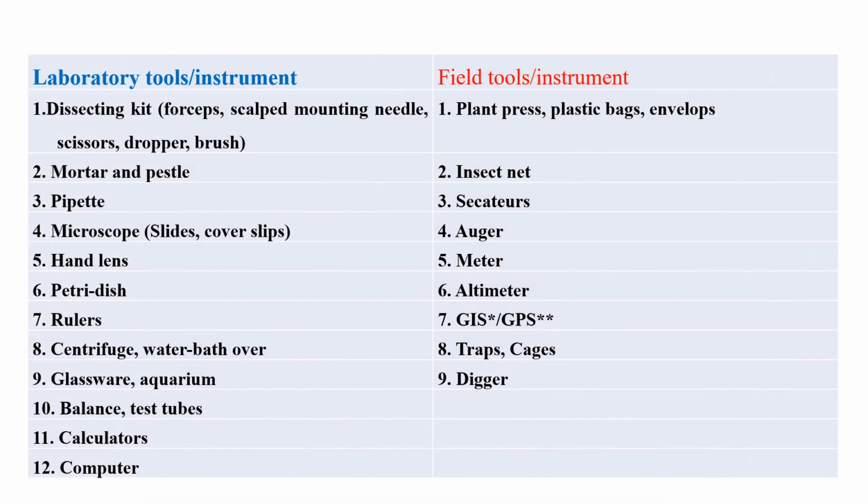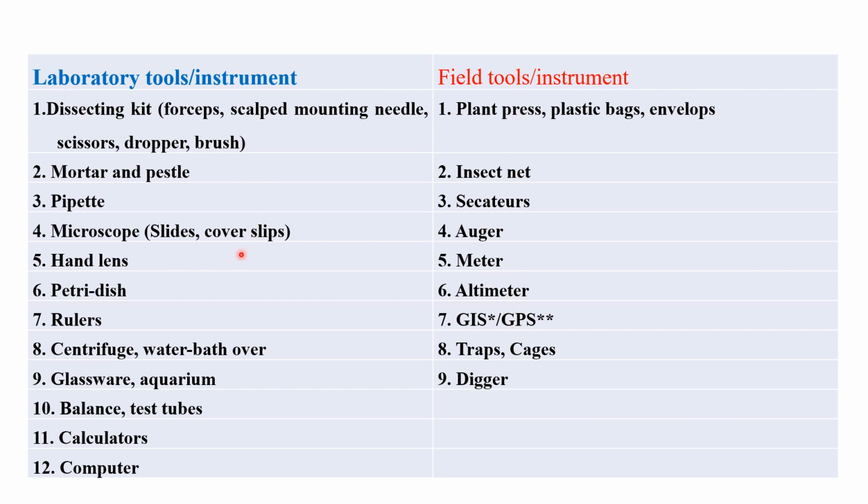Now let me show the different materials. These are laboratory tools. These are field tools: plant press, plastic bags and envelopes, insect nets, secateurs, meters, altimeters, GIS or GPS, traps, kegs, diggers, some field tools of biologists.